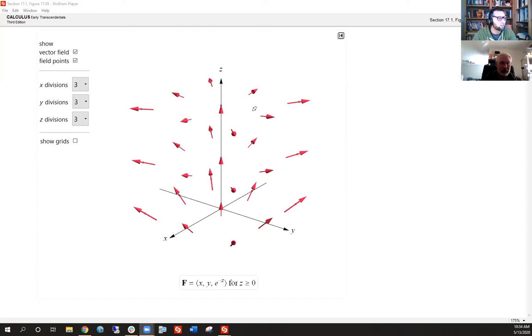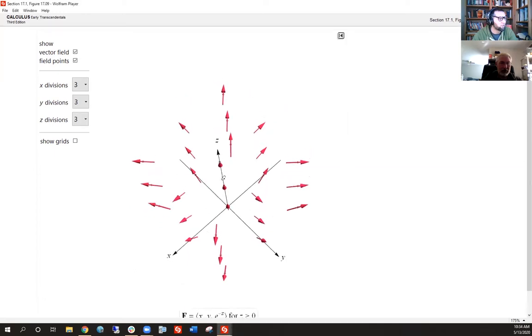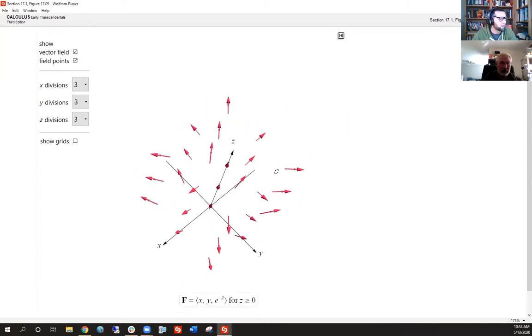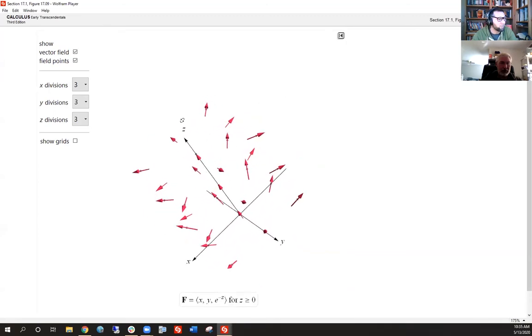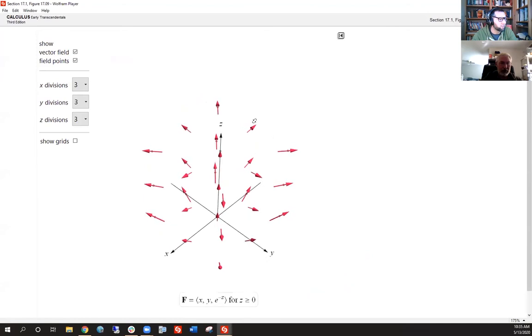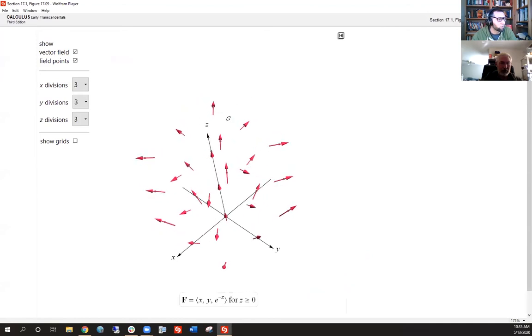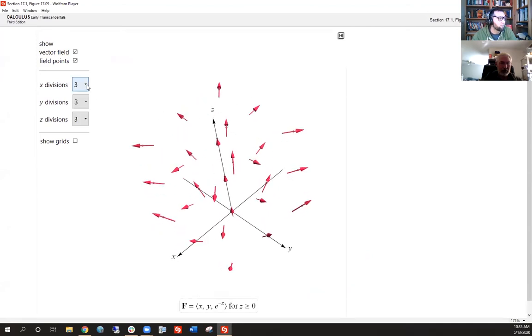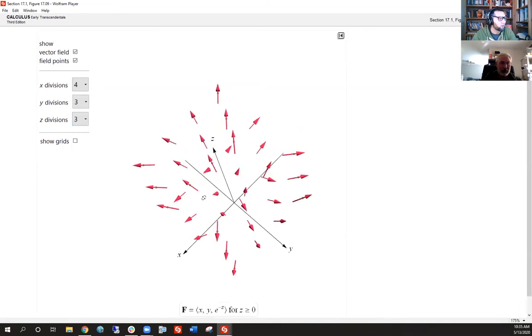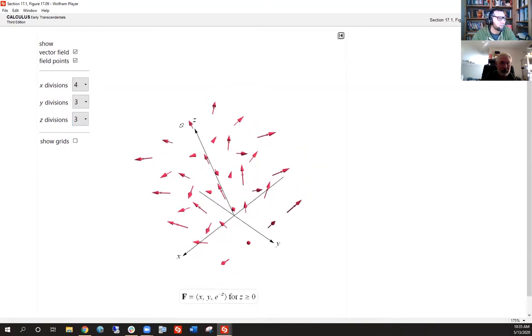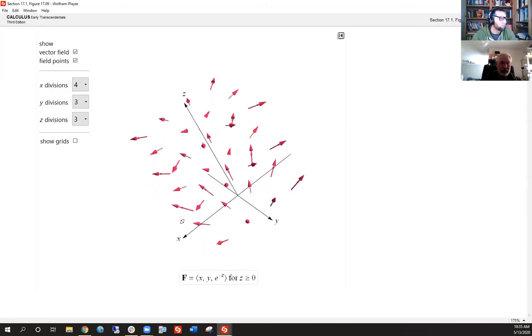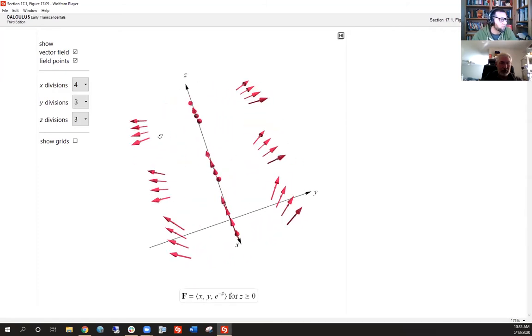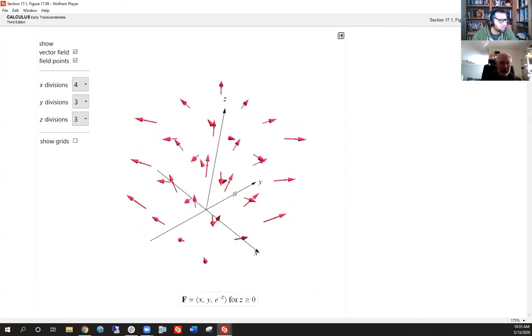It doesn't make a lot of sense. But fortunately, we're in the world of interactive stuff. And so you can see that they've sketched a 3D vector at all the grid points. We could add more grid points if we wanted. You can start to visualize it.